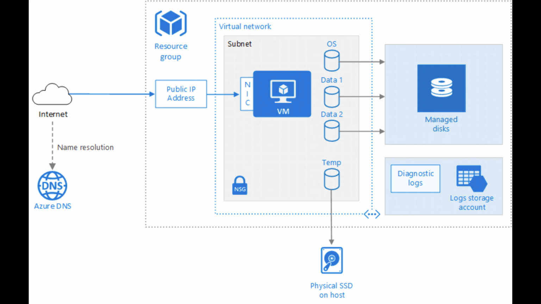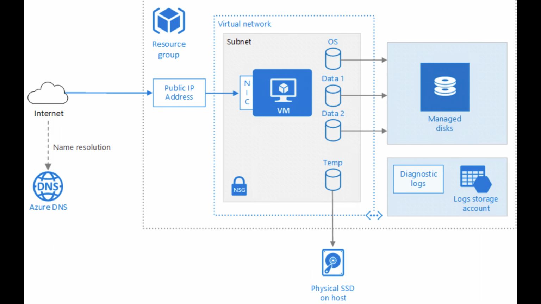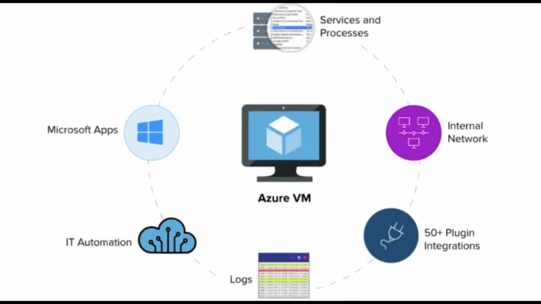Then you can go for a virtual machine. And the third important option is to use a custom hosting configuration. When you need all of these three requirements, then you will go for a virtual machine.